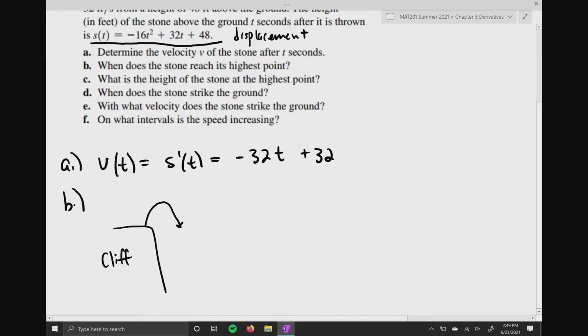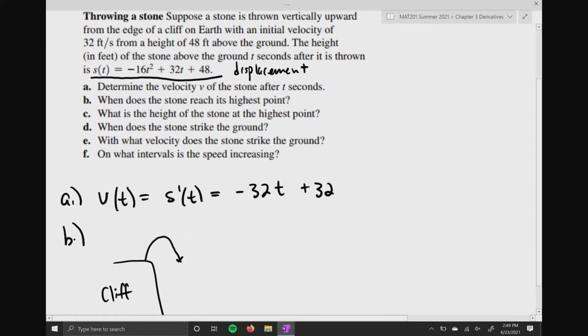We also know that when the rock is initially thrown, it has a velocity of 32 feet per second, which means that the slope of the tangent line is positive. So we know it goes up, and whatever goes up must come back down. Now, the maximum height is going to be right here. So that's going to be our max height.